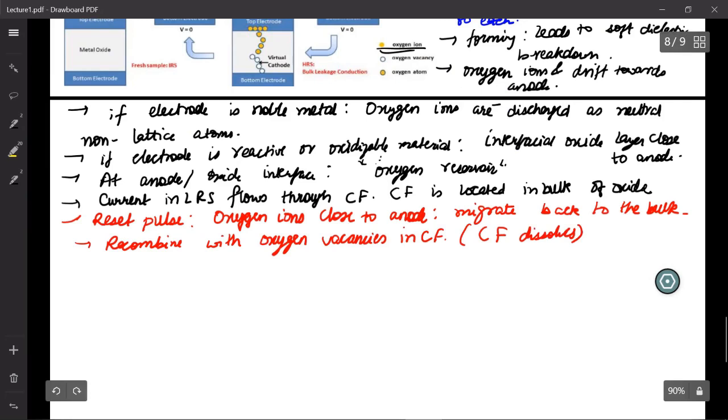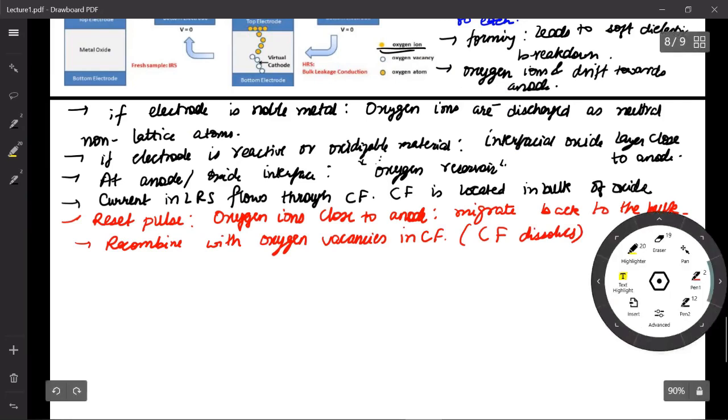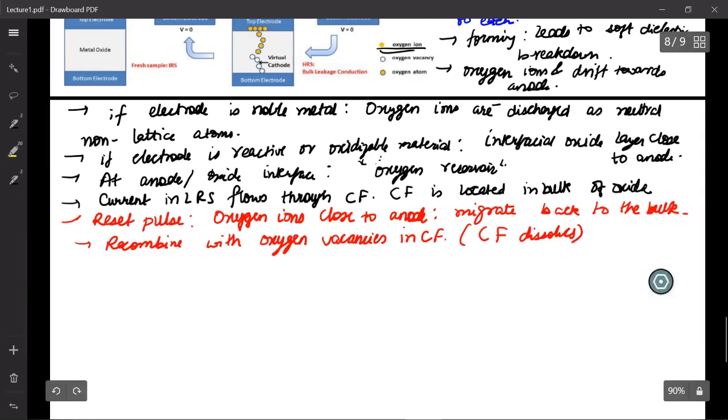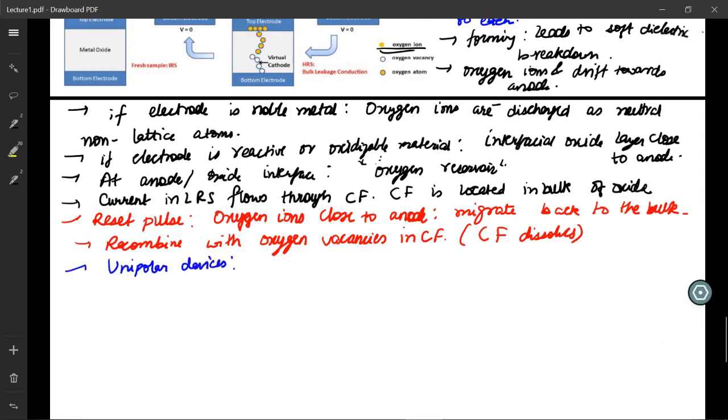Now, what is different between unipolar devices and bipolar devices? Let me write that. In unipolar devices, because of the current flow, there is Joule heating of the CF.